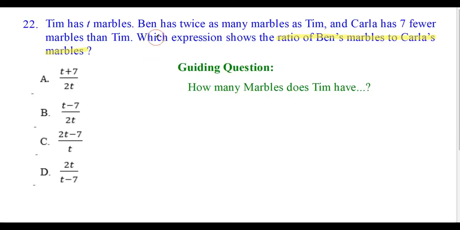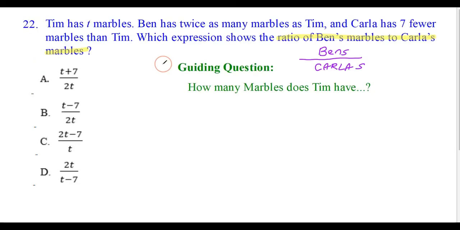A ratio is a comparison of two quantities using division. So I'm comparing Ben's marbles to Carla's marbles using division. So that's what that means, and that's why our answer choices are set up like this. This will make sense in a second.